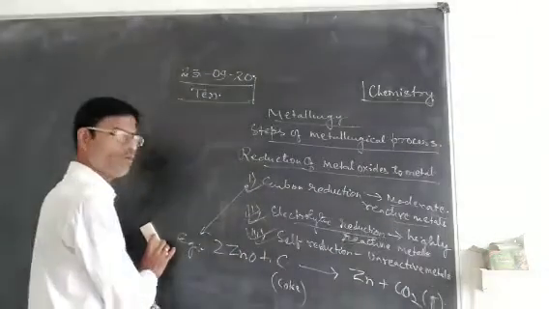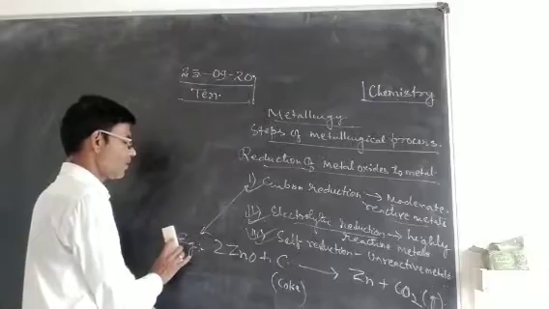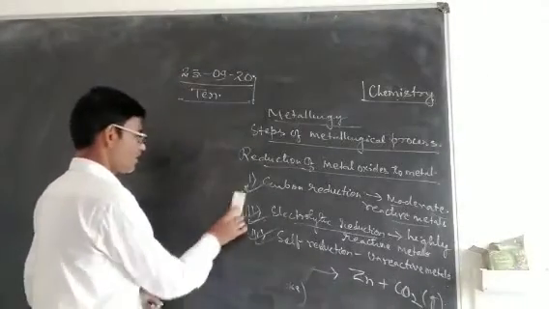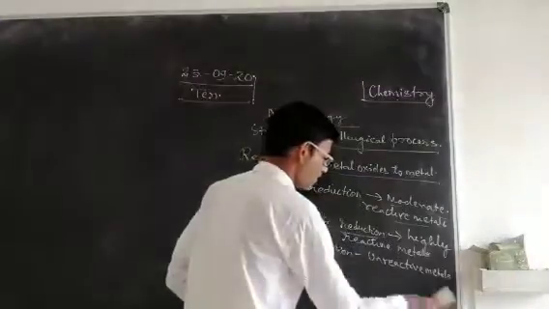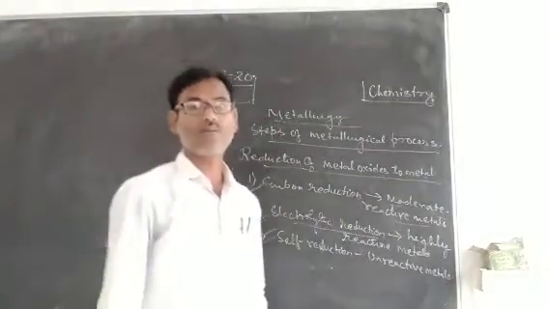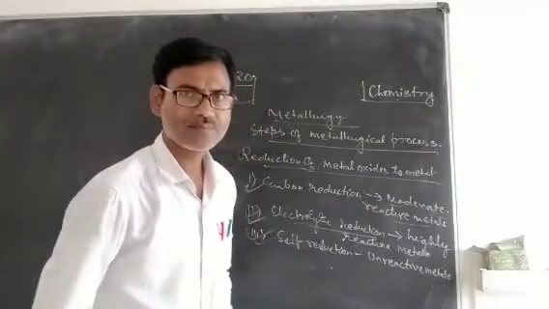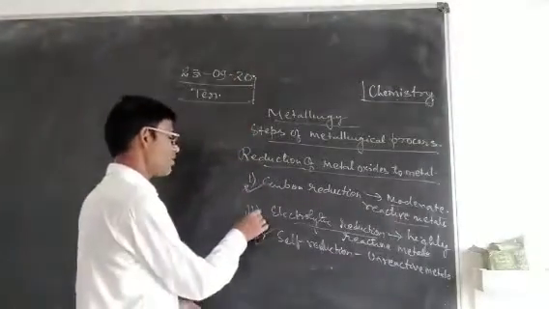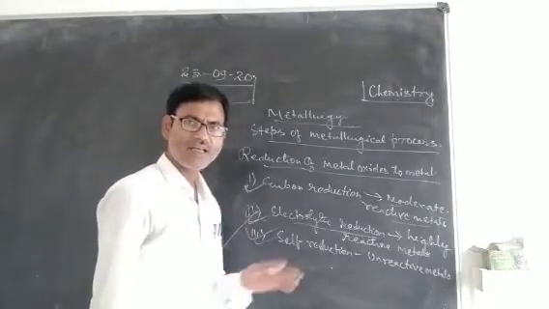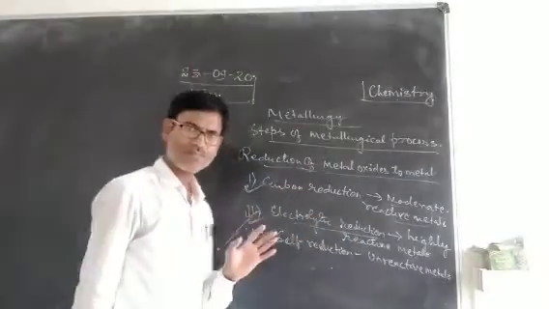The molten ore is subjected to electrolysis. For example, extraction of aluminium from alumina. Alumina is aluminum oxide, which is reduced to aluminium by electrolysis.